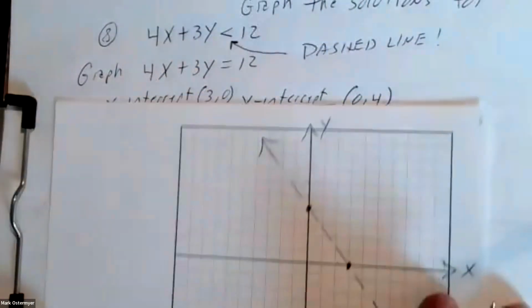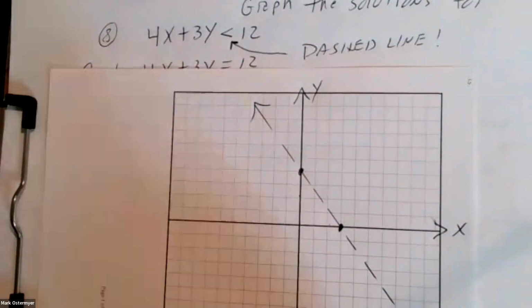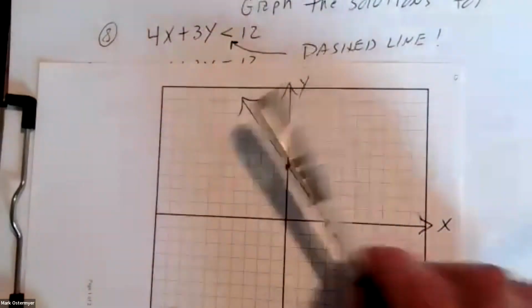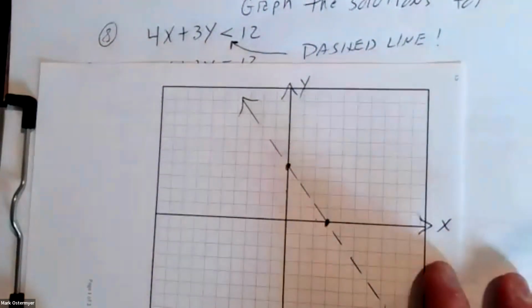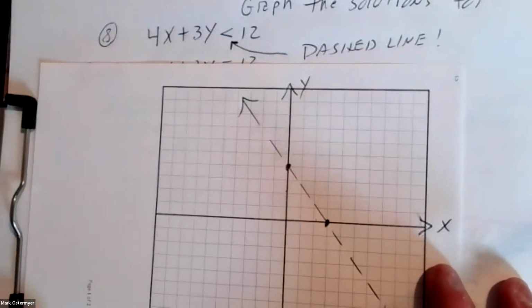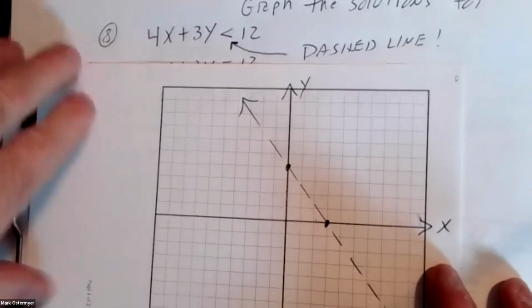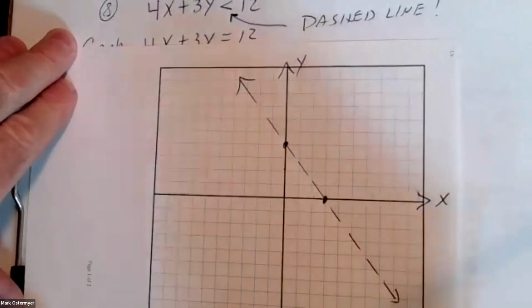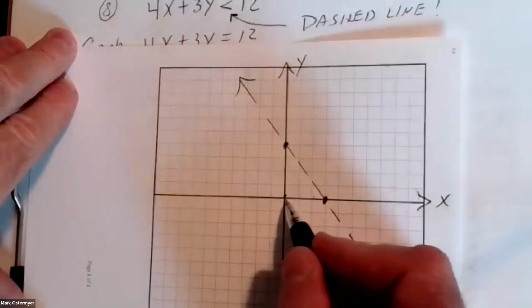And all we have to do now is just determine whether we shade the plane below and to the left down here or above and to the right. And the only way to determine that is to choose a convenient test point and see if it's a solution to our inequality. Is 0, 0 available? And the answer is yes, we can choose 0, 0.